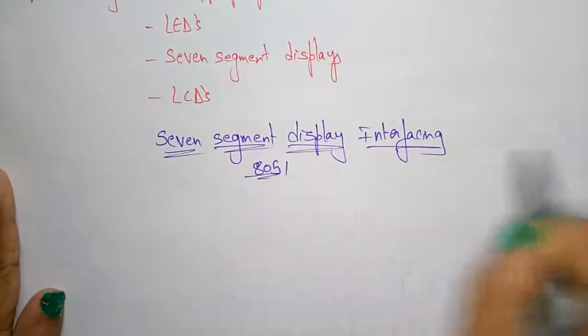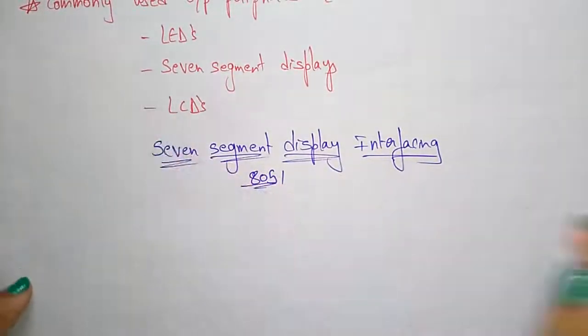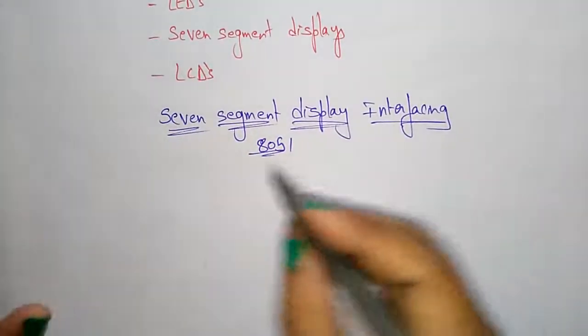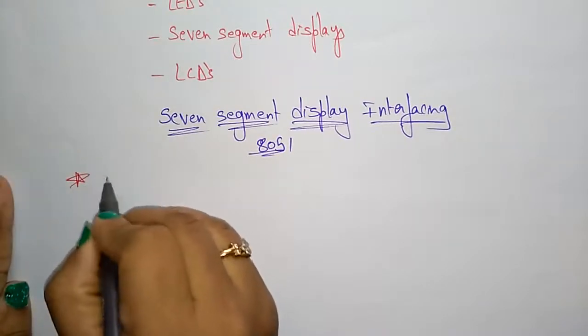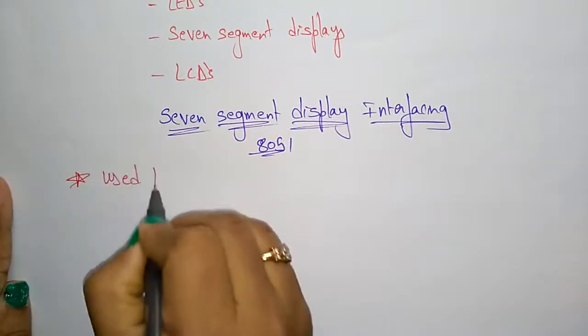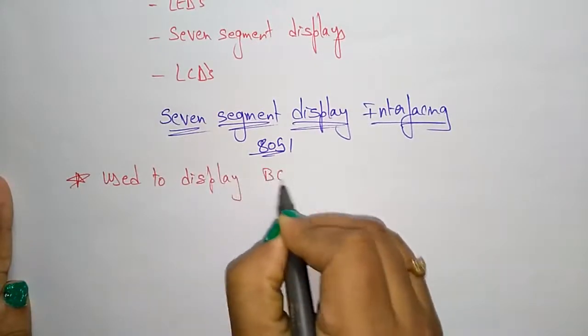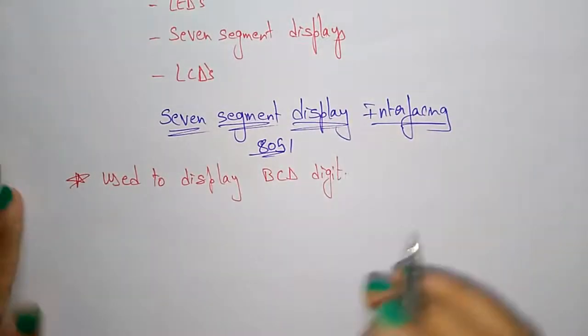In this interfacing of output peripherals, I am just taking one example, that is a 7-segment display. So what are the features of this 7-segment display? It is used to display BCD digits.